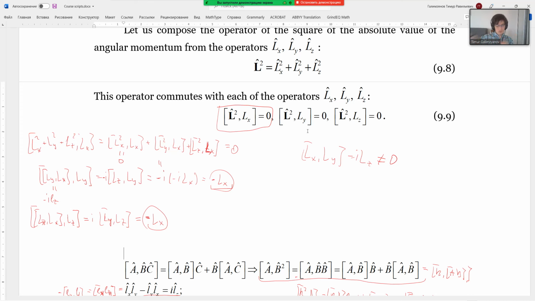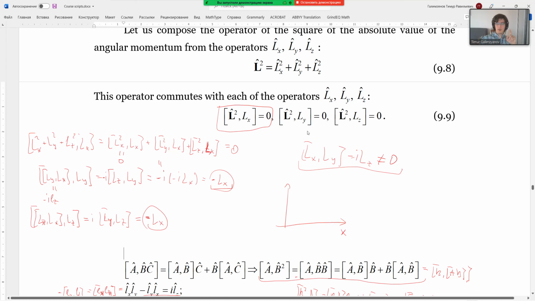If not, you cannot measure. And that means that these relationships say that you cannot measure projections of the angular momentum to different axes, let's say x, y. You cannot measure both Lx and Ly.